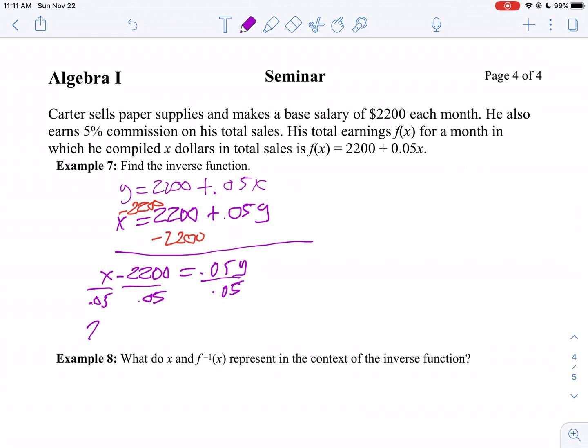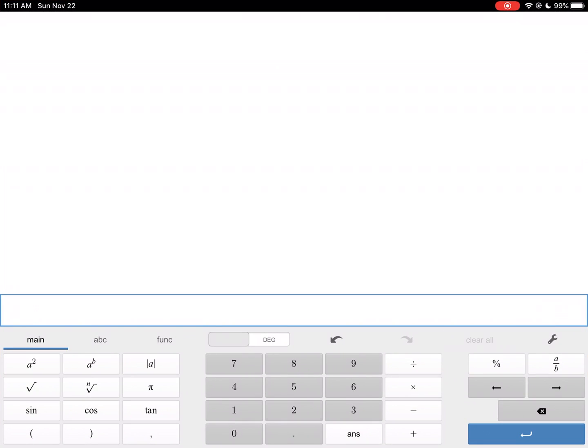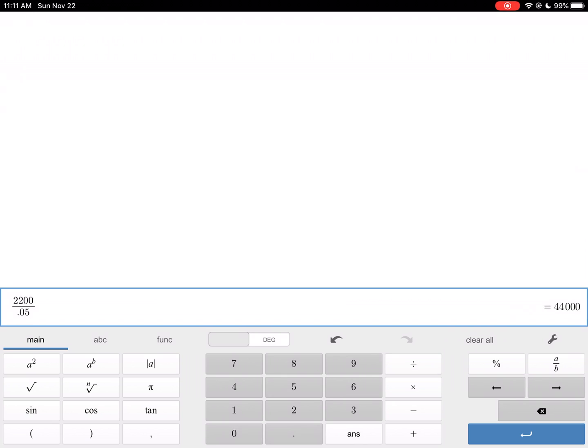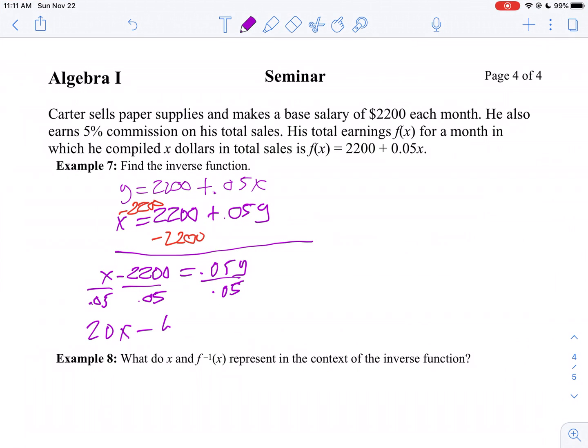So 20x minus, let's take 2,200 divided by 0.05, is 44,000. Equals y. So we'll write that as f inverse x equals 20x minus 44,000.